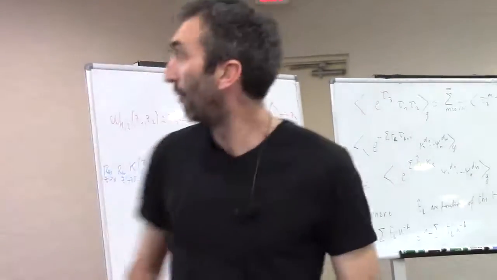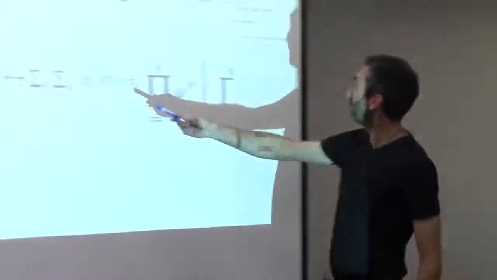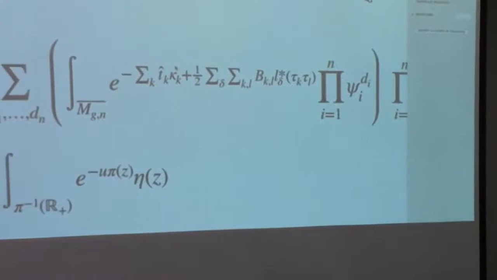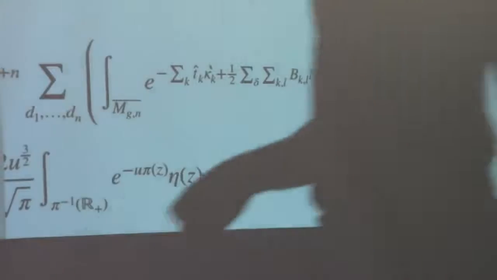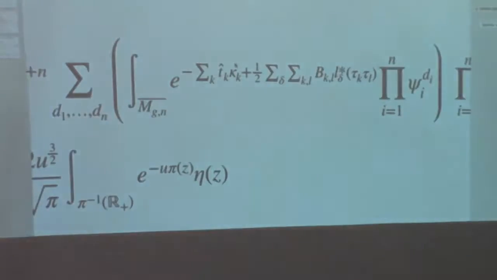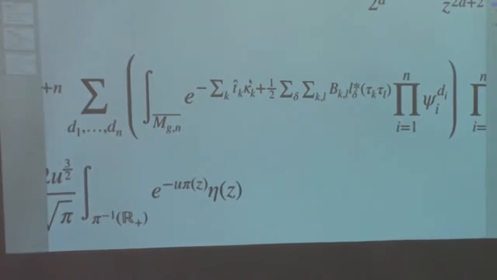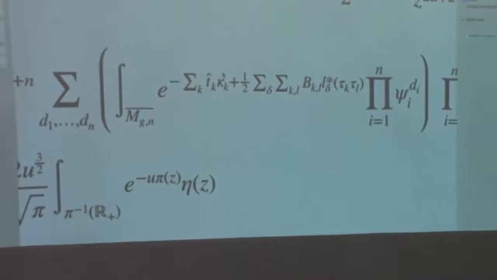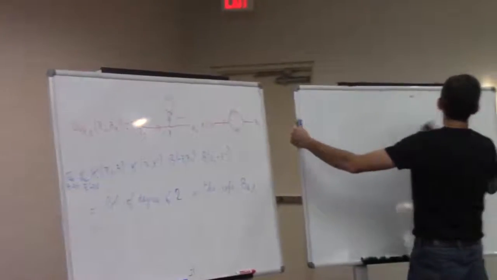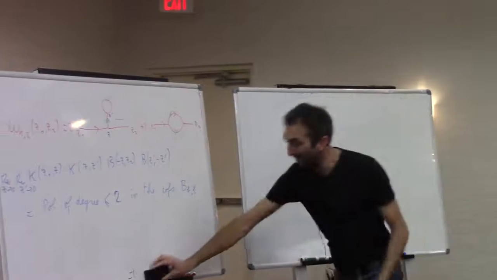Okay. What I need to explain is this notation here. And let me come back to my MGN. Let me come back to MGN bar. MGN is not compact because it has a boundary.